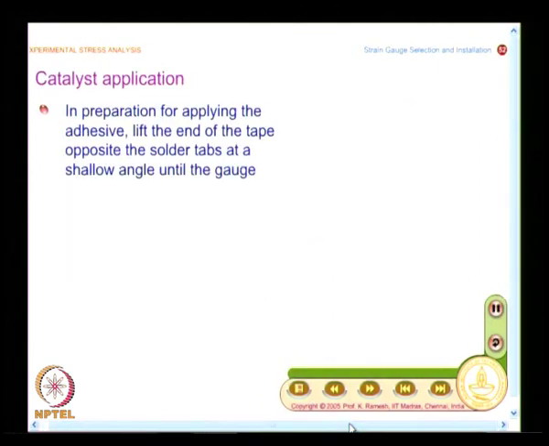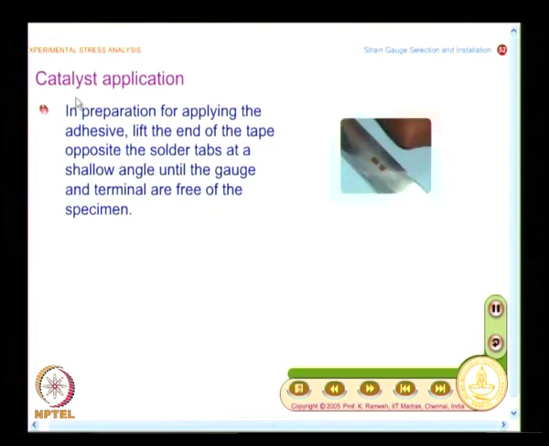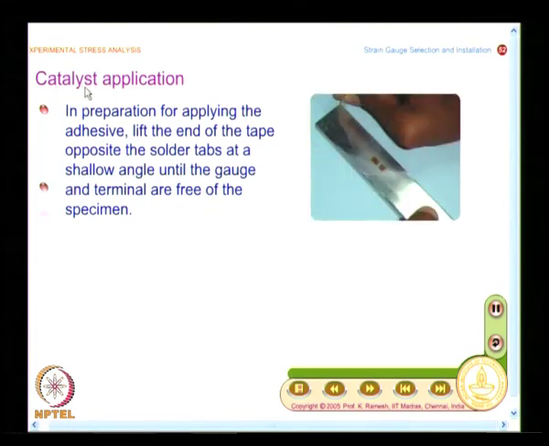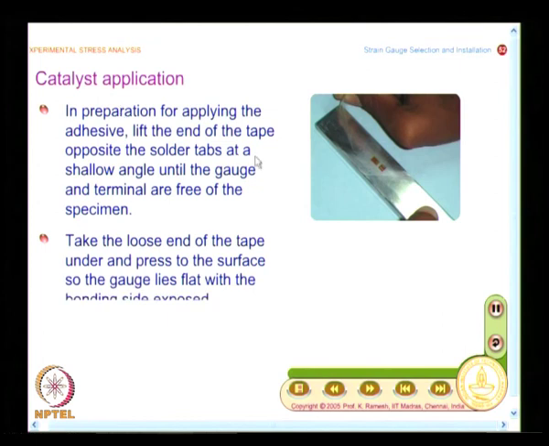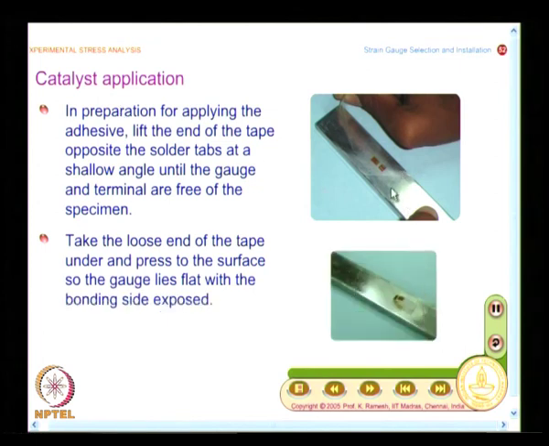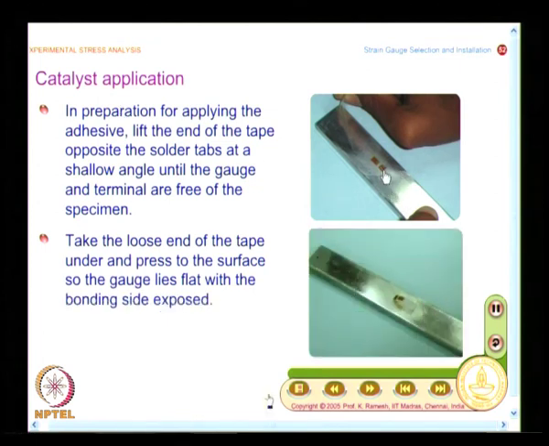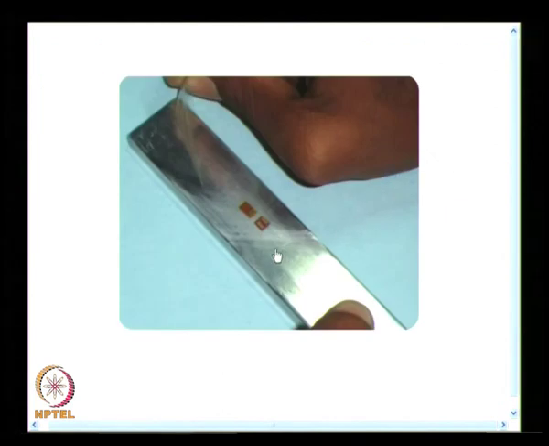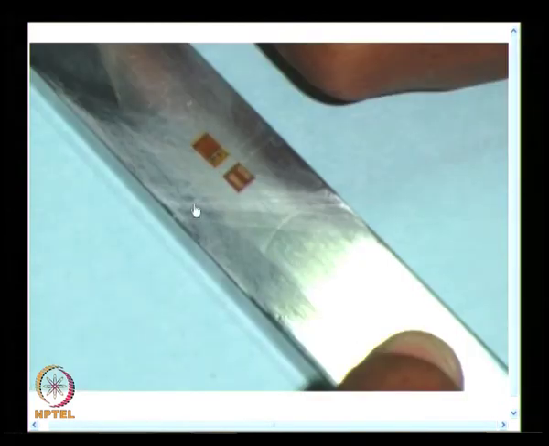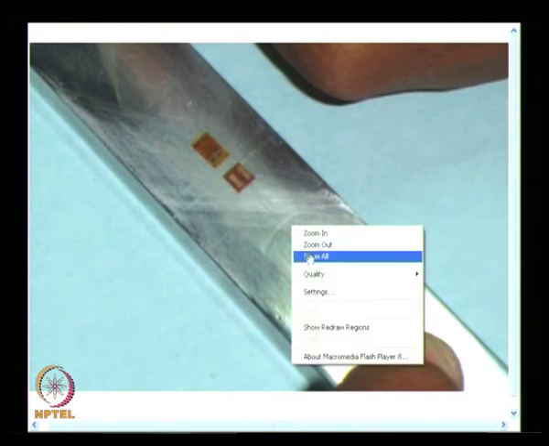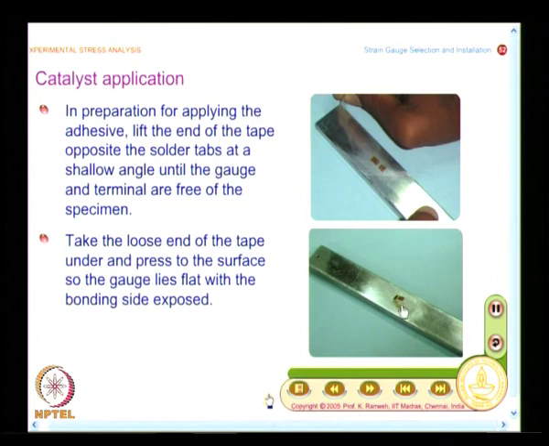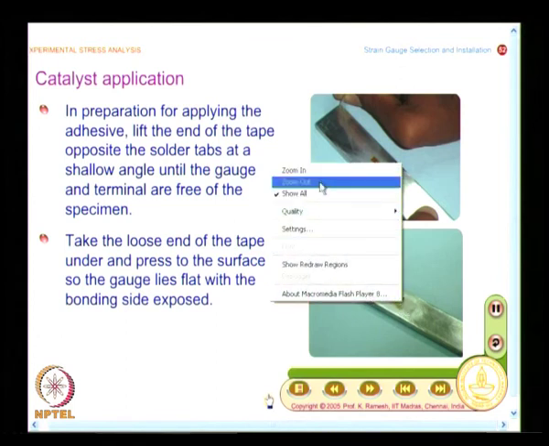And before we apply the adhesive, we need to apply catalyst. So, you carefully remove this from the surface and that is what you see here, the tape is getting removed and you have to take it and roll it back and fold it, and that is what is shown in the next slide.